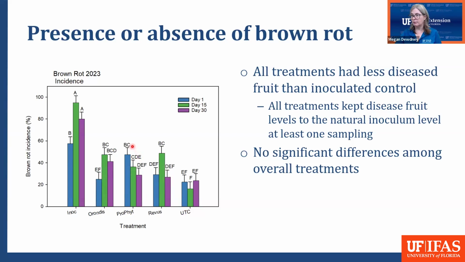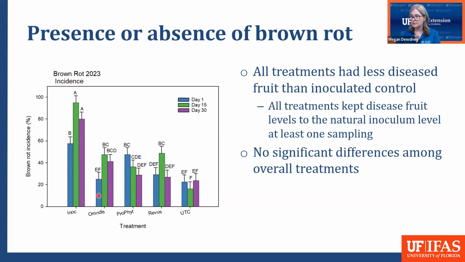Now, interestingly, Prophyte seemed to get better over time. And that is sort of consistent with how Prophyte works. It does have some direct effect against Phytophthora, but it tends to increase the stimulation of the plant defenses over time. And so that is consistent with what we might expect.